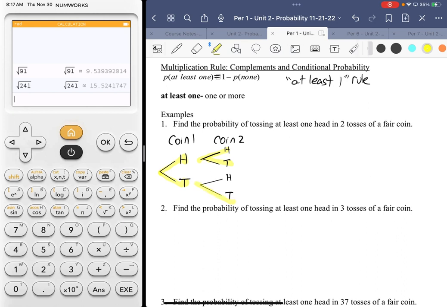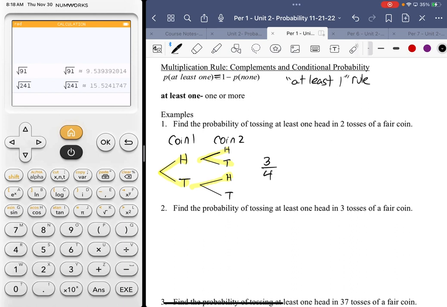And if I go down here, I still won't have at least one head, so I'd have to go over here following that branch. 3 out of the 4 branches gets me at least one heads, right? And not overly difficult to do, even if I did the sample space, HH, HT, TH, TT. Like look at each possible pairing. If it doesn't have an H in it, we're not going to consider it, all right?